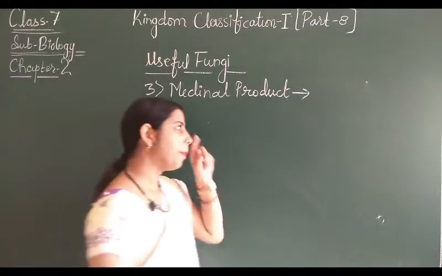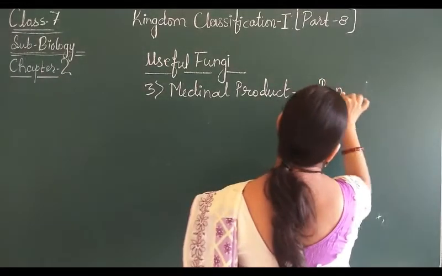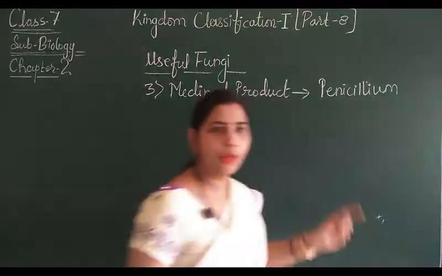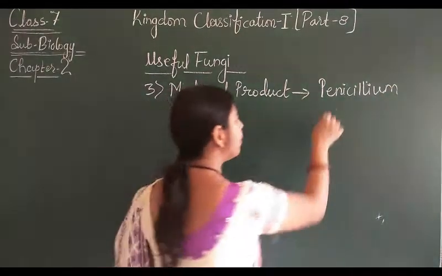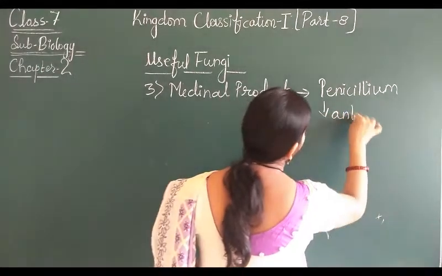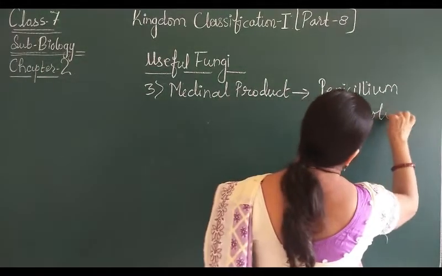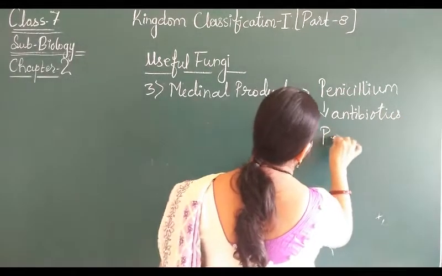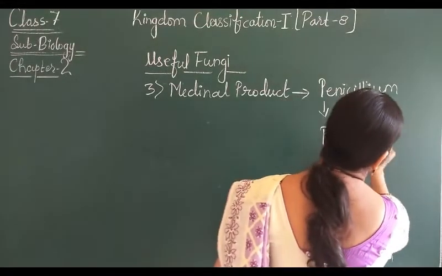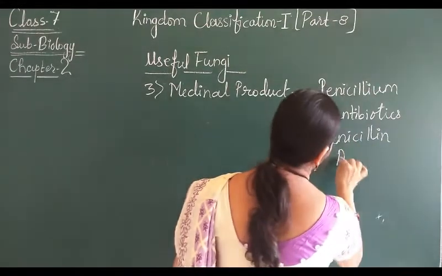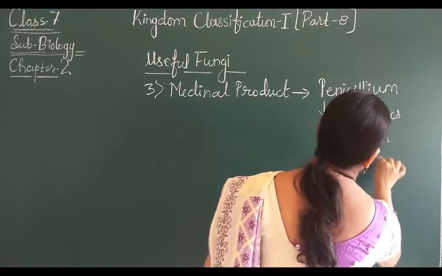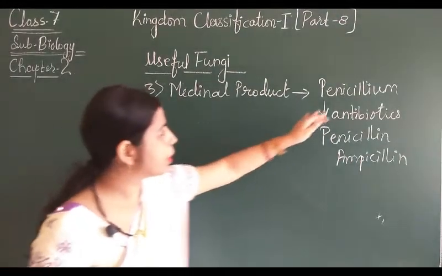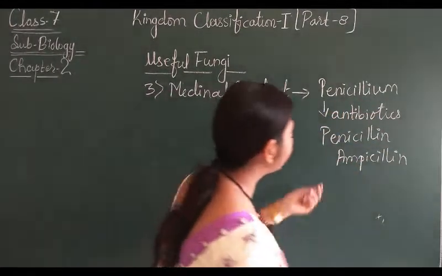One fungus named Penicillium is a very important fungus because it helps in the formation of antibiotics. What are the names? Penicillin and ampicillin. These two antibiotics are made from the fungus Penicillium.